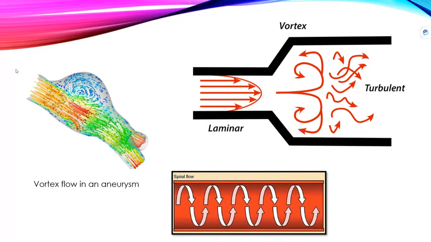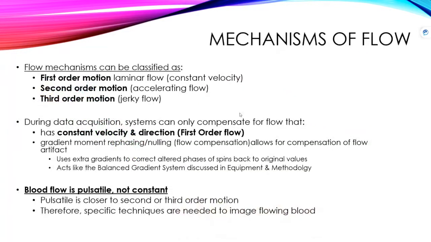So in one vessel, you could have multiple types of flow occurring in the same region, depending on what is going on in that area. So that's the type of flow that we're dealing with. When we're trying to image blood in the body or CSF, we've got to think about the fact that blood is flowing in every type of way in the body. And when patients have different types of conditions or disease processes, their flow is going to also be different.